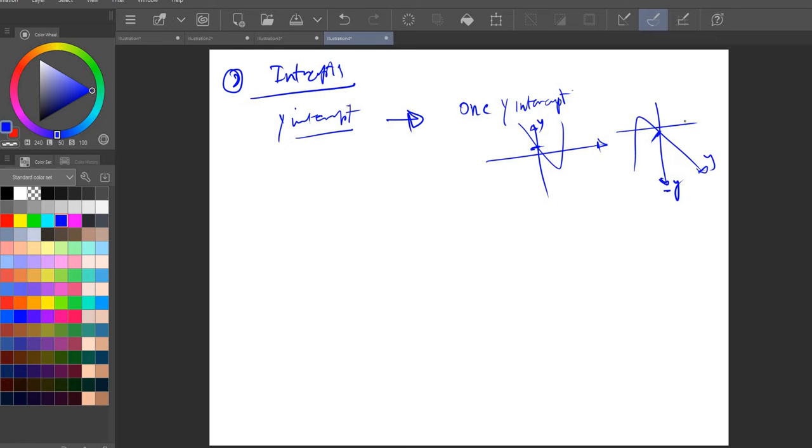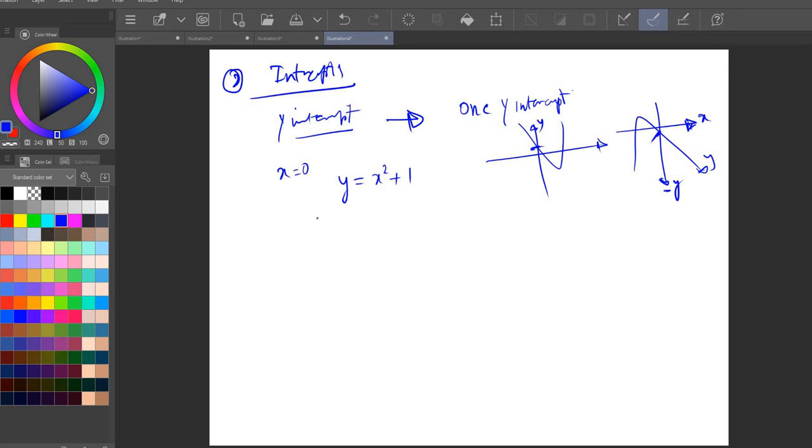This is the negative side of the parabola, right? And how do you find the y-intercept? You just substitute x equals 0 and you get the value of the y-intercept. So for example, if I have a quadratic y equals x squared plus 1, the coefficient of x squared is positive.